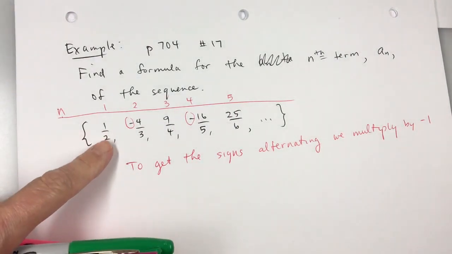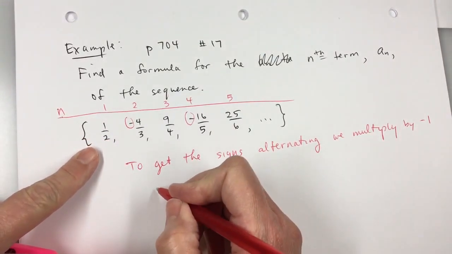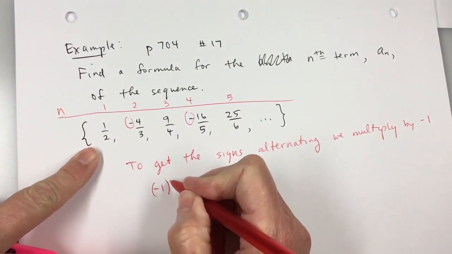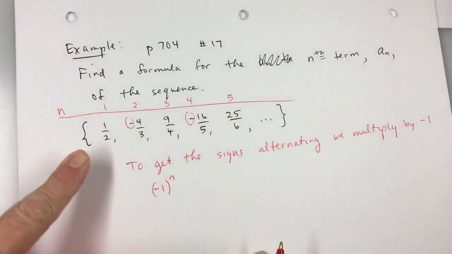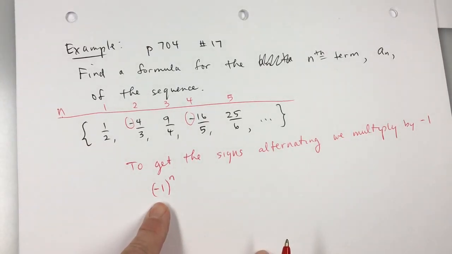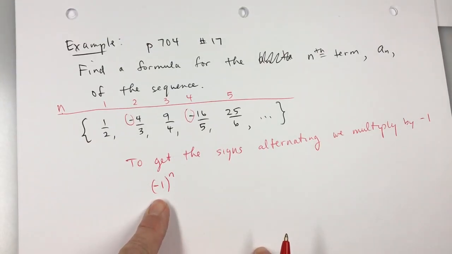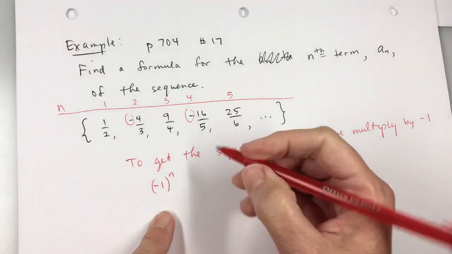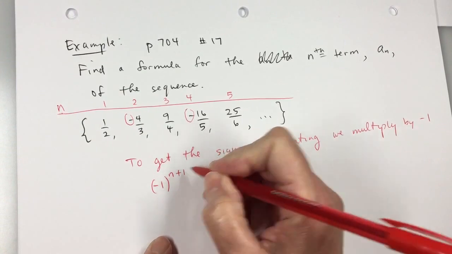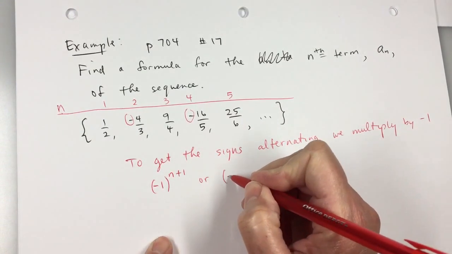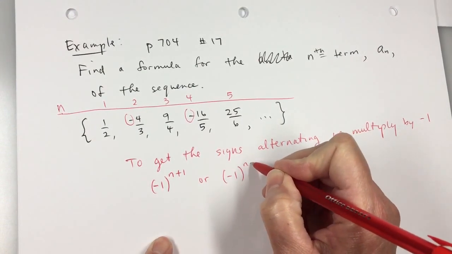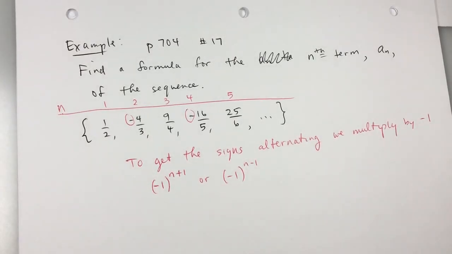If the first term is positive, if I do -1 to the n power, is that going to give me a positive first term when n is 1? No. So we do this, n plus 1, or you could do this, -1 to the n minus 1. They'll both give you a positive first term when n starts with 1.